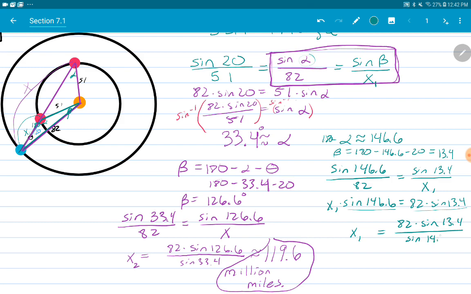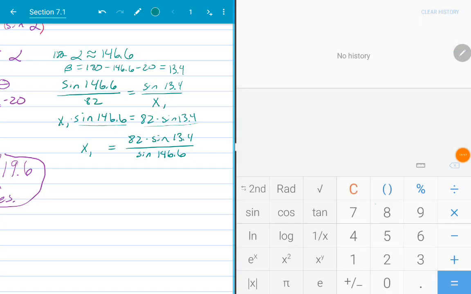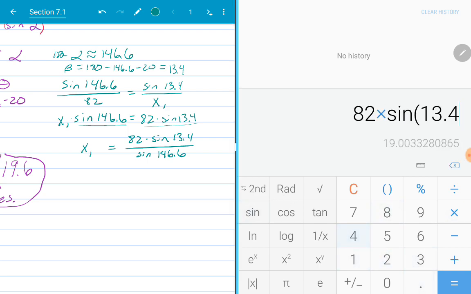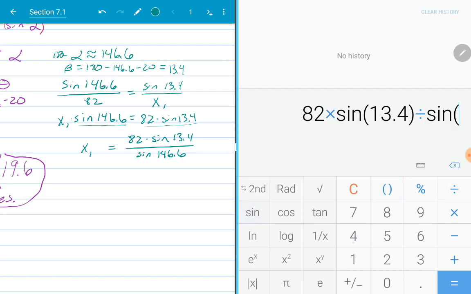Okay, calculator time. So I have, in the numerator, 82 times the sine of 13.4, close that sign, divided by the sine of 146.6, and close that sign.